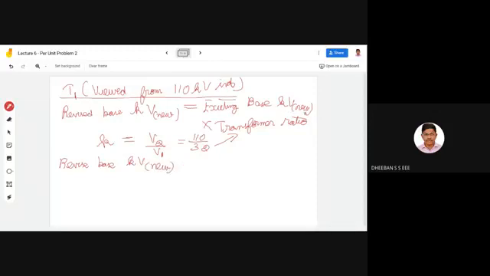Sorry, existing base kV new is nothing but the common base value that you have considered with respect to the generator. So it will be 33. Don't get confused. That means it is with respect to the generator that we have selected. So it will be 33 into 110 by 32.